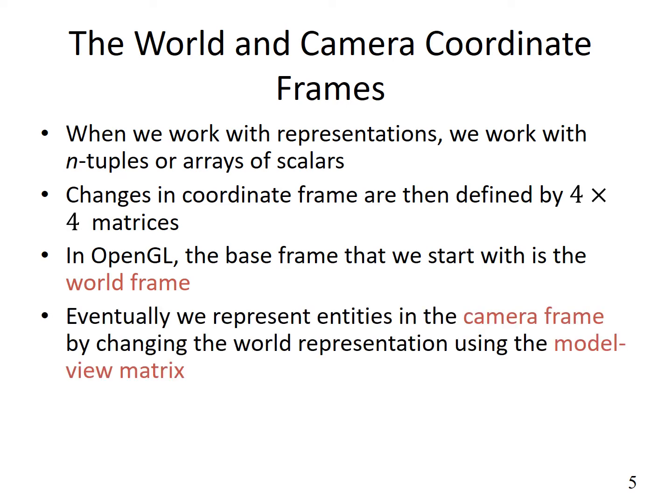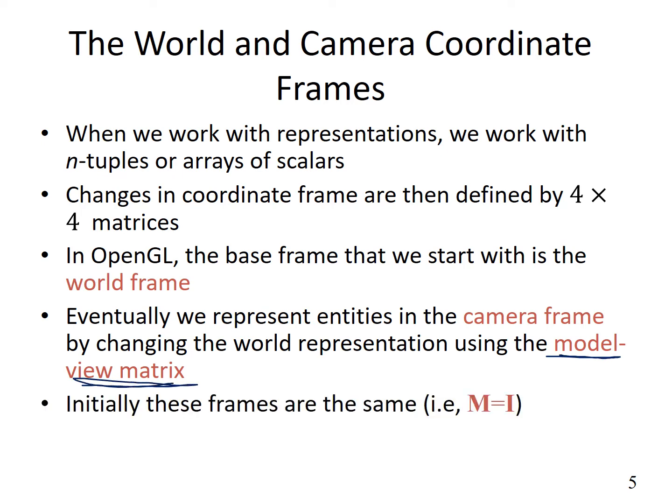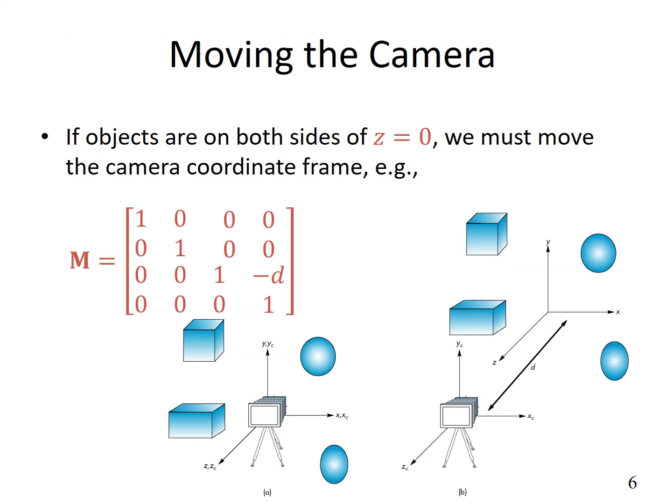Eventually, we represent entities in the camera frame by changing the world representation using the model view matrix. So remember this, you'll be using the model view matrix frequently in your code. Initially, these frames are all the same. That is, M is equal to I. The transformation is an identity matrix. When you multiply the identity matrix with anything, it does not change.